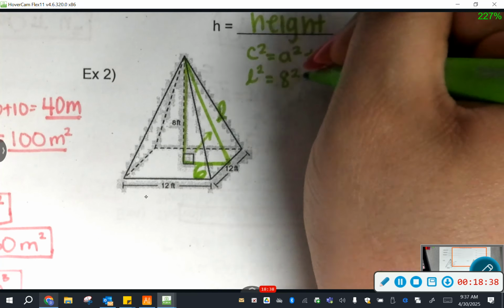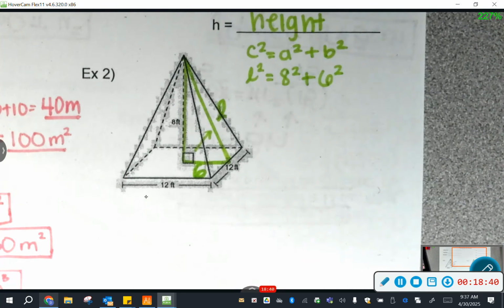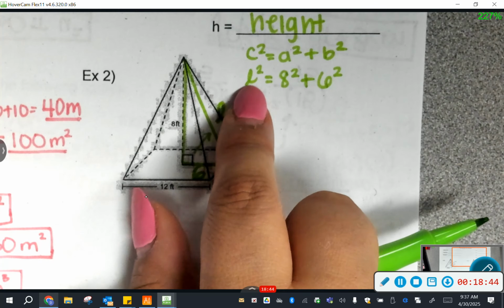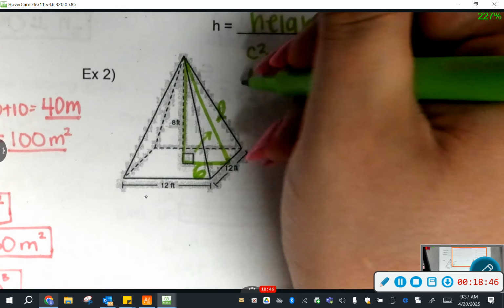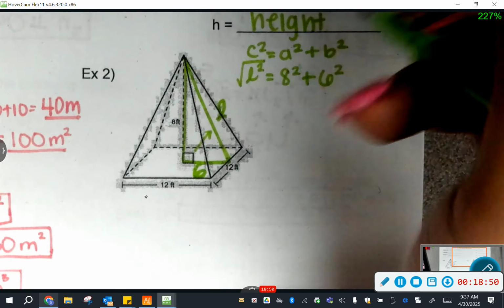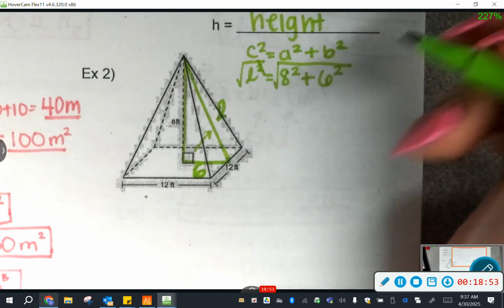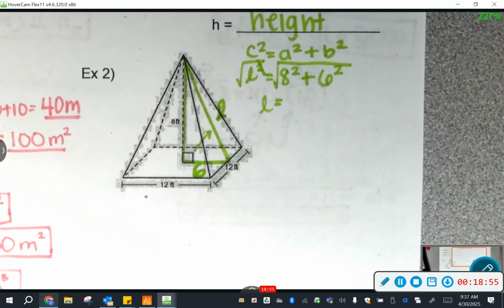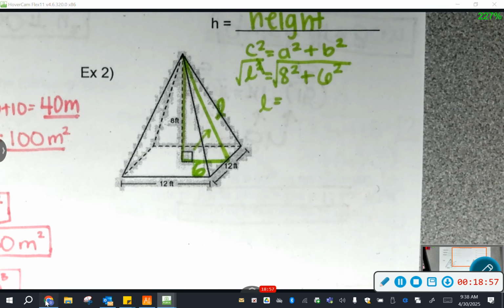So I have 8 squared and 6 squared. Or you could do 6 and 8. It doesn't matter. How do I get L by itself? Square root. Is that coming back to y'all? Y'all remember Pythagorean theorem a little bit? So I'm going to put that in my calculator.